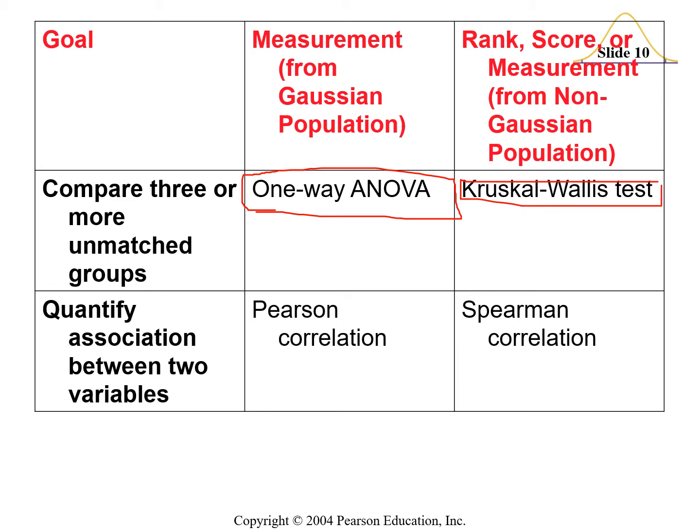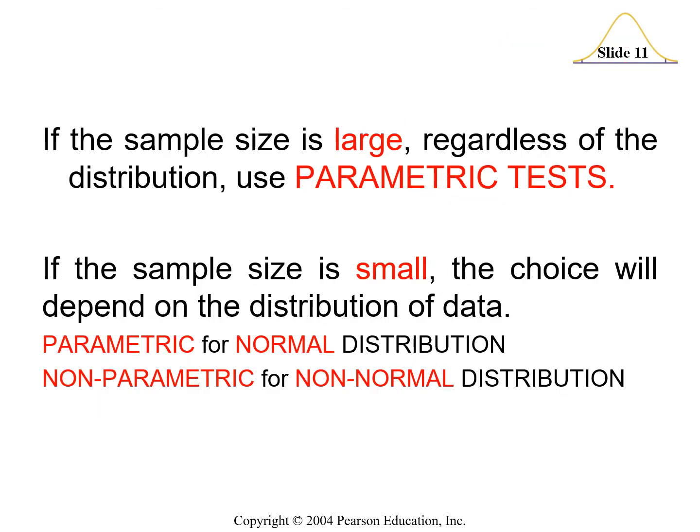In a coming lecture, for correlation between two variables, for parametric analysis we use Pearson correlation, and for non-parametric we use Spearman correlation. This table is very important. It summarizes applications and the tests or measures used for parametric and non-parametric analysis.